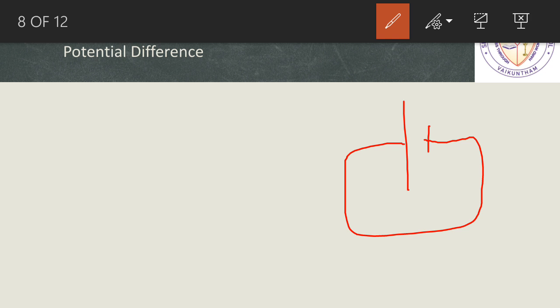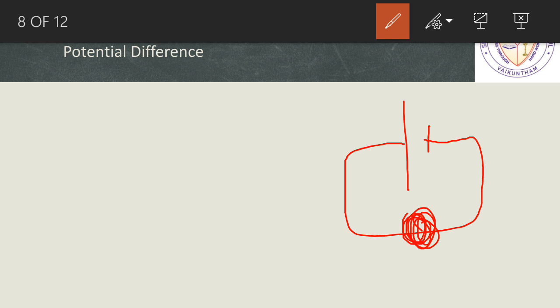We will connect something in between, let it be our bulb. Or any other appliance will be connected, a fan, DC motors or any kind of motors.